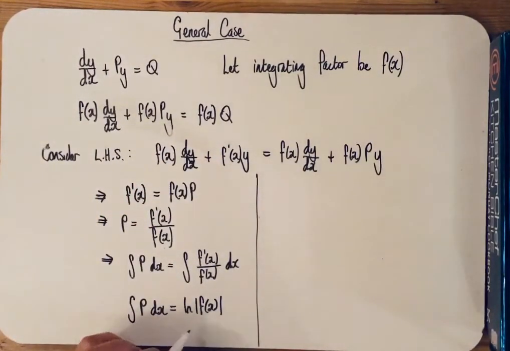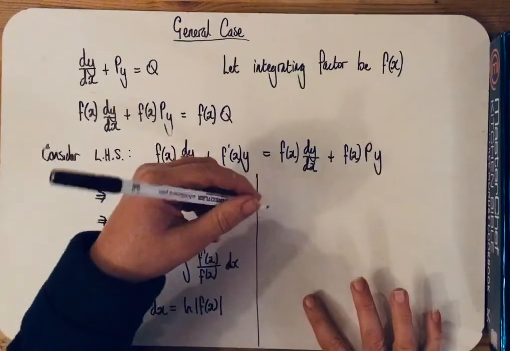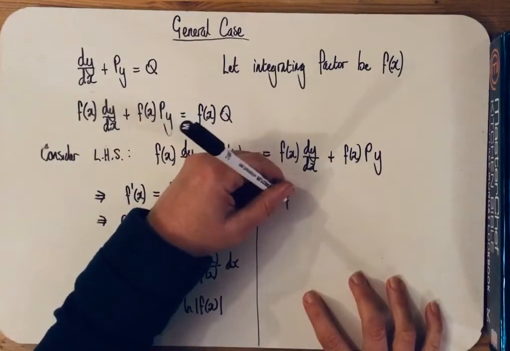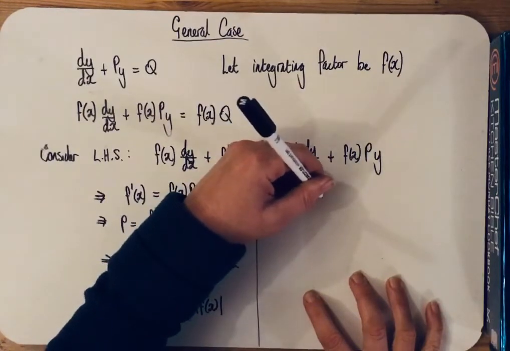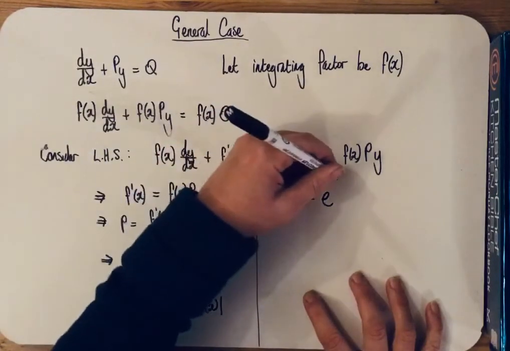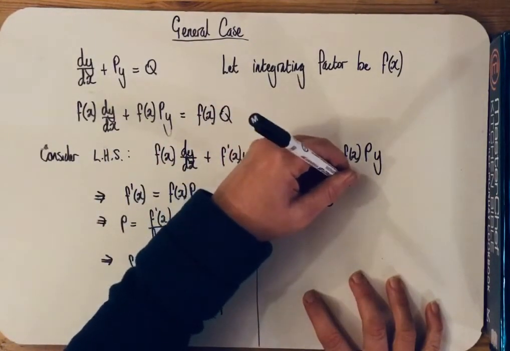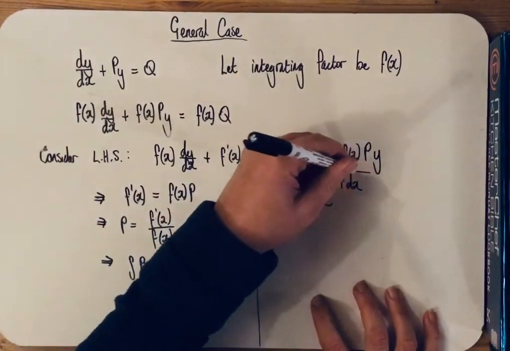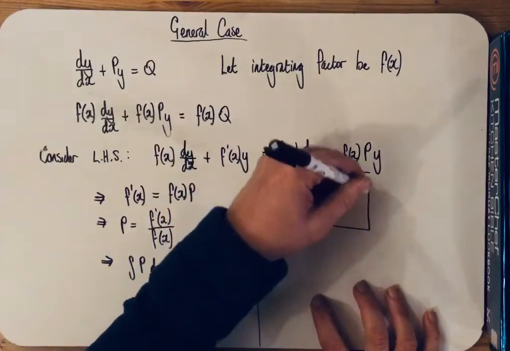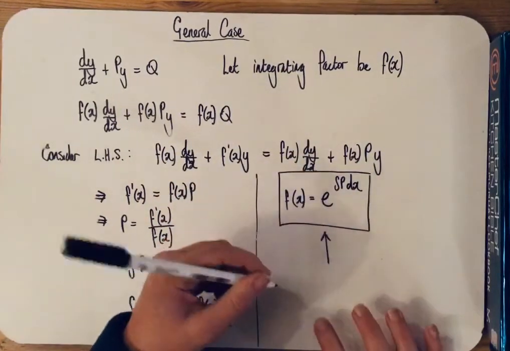And then if I do e to the power of both sides, f(x) is equal to e to the integral of P dx. And so this here is your integrating factor.